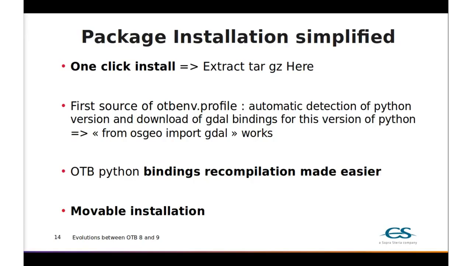So as OTB uses its own version of GDAL, you have to get the bindings with the Python version that you plan to use on your system, because if you don't have them, you can't do from osgeo import gdal, and it's a big problem. The Python bindings of OTB recompilation is now working properly, and you can move your installation.